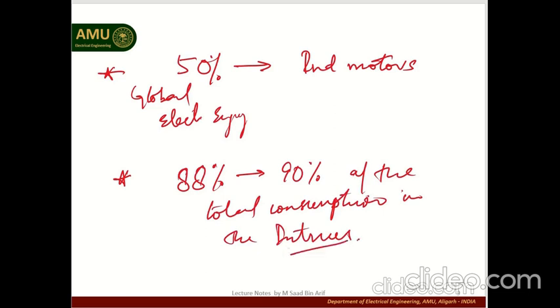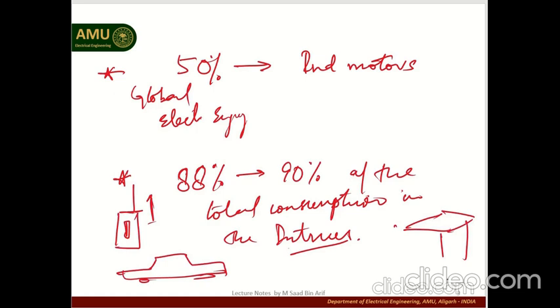This is how you can visualize the popularity of the induction motor. In most industrial uses, we usually use induction motors. For example, in elevators you will use induction motors. In electric vehicles you will use induction motors. And in household appliances, in your refrigerator, you will use induction motors.